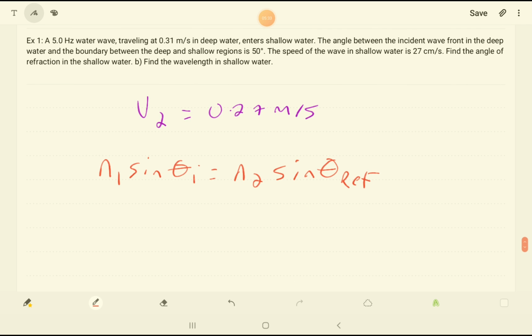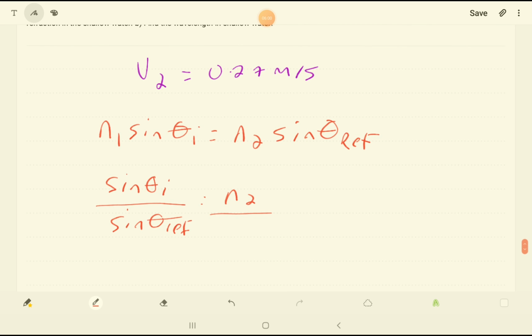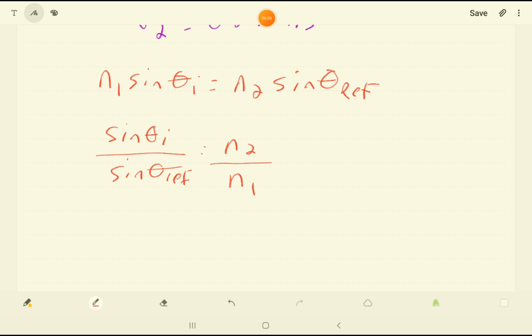If we were to place all the like terms together, we could get this ratio, which is sine theta i over sine theta refraction, which is equal to our second medium refractive index over our first medium refractive index. Now if we go back to a previous question, remember that v1 over v2 is equal to n2 over n1.